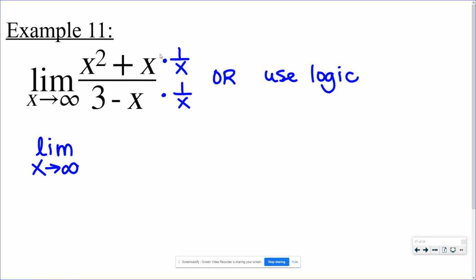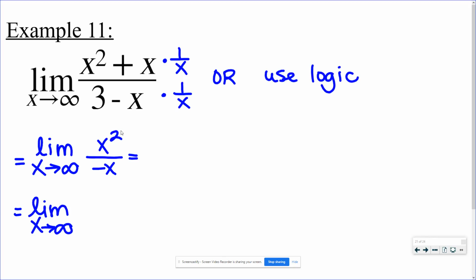So what on the top is more powerful? X squared, right? So x squared is going to control what the numerator does, and minus x or negative x is going to control what the denominator does. So we're going to take a look at just those two pieces of the function because they're the most powerful.